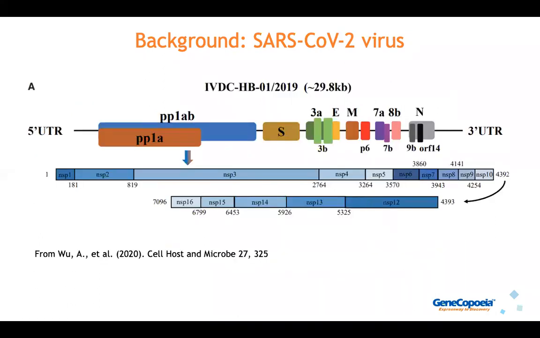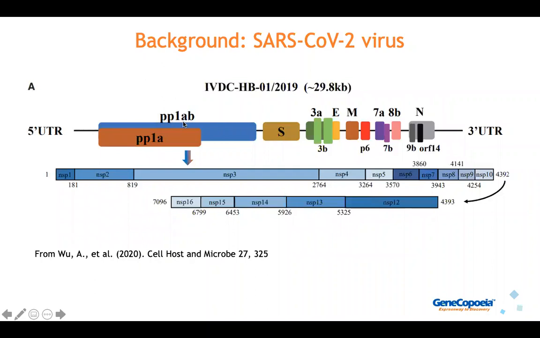So this is a schematic representation of the SARS-CoV-2 viral genome. Again, there's a number of known ORFs that are produced as either polyproteins or discrete entities.